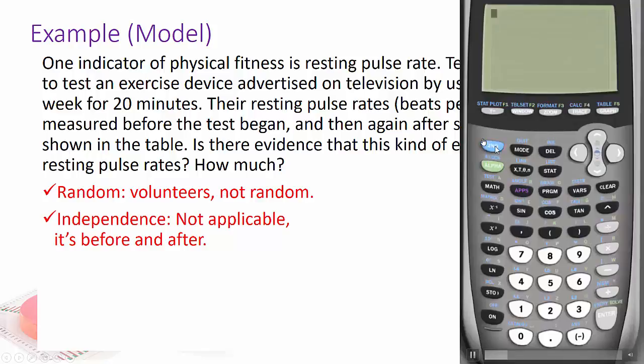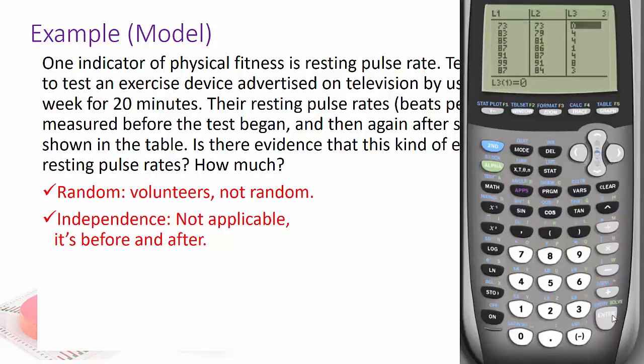So what you do is you actually get out of the list and you go L1 minus L2. And then you're going to hit the store button to tell it where to put the answers. Now I'm going to put those answers in L3. Hit enter, it shows the data generated. If you go to stat and edit, there's your list L3, the differences. So that's handy when you have a lot of differences to look at. Okay.